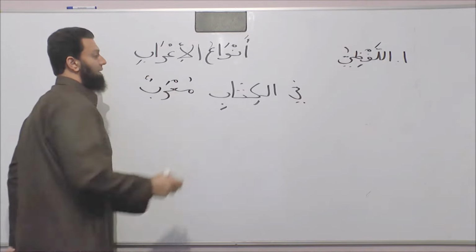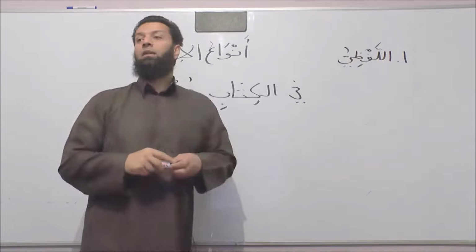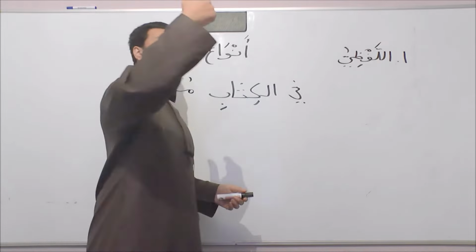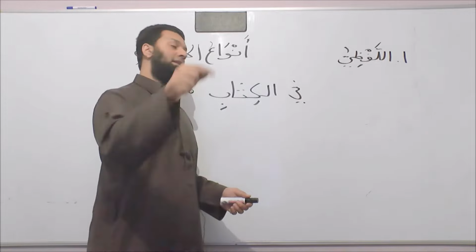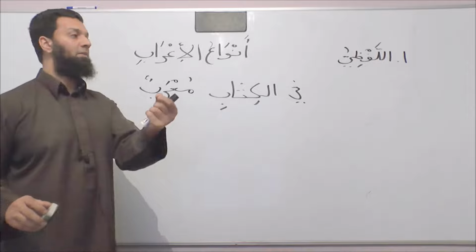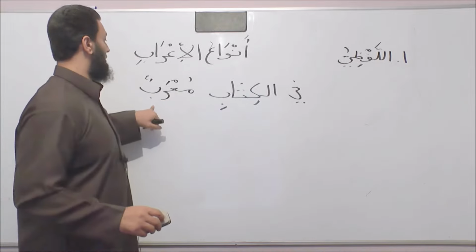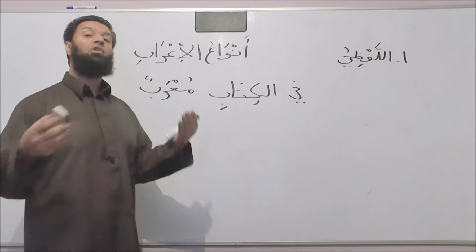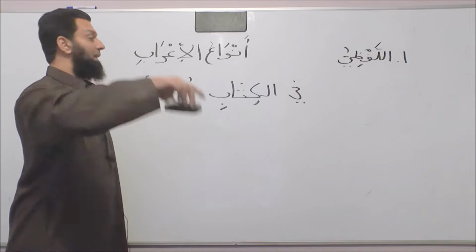Mu'rabun means one that alters depending upon the amilun, the actor that's acting upon it, and that's called mu'rabun. And ismun, which is mu'rabun, or a fi'lun, which is mu'rabun, is one that changes as a result of what's been acted upon it.